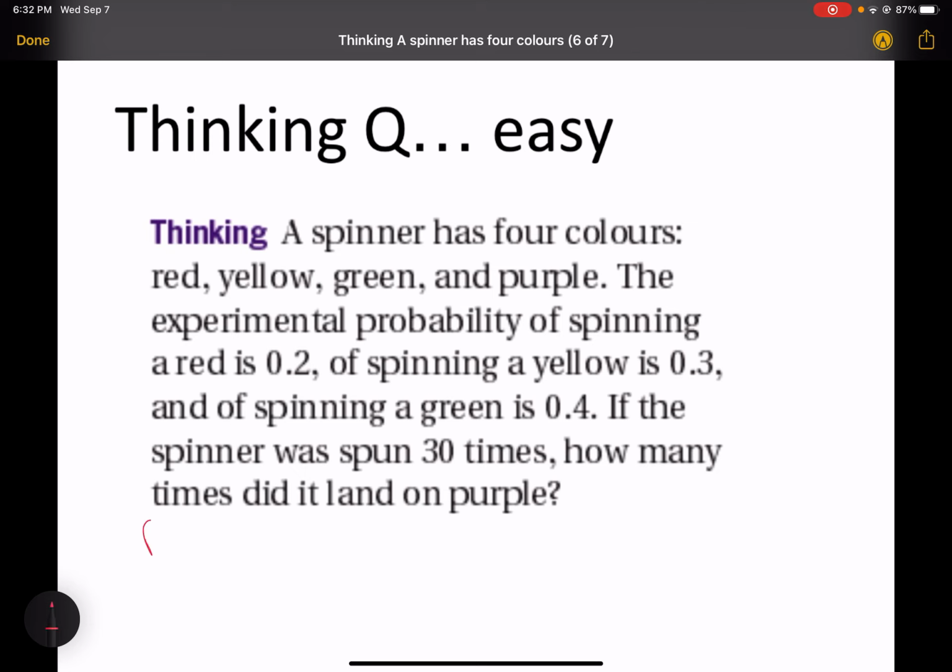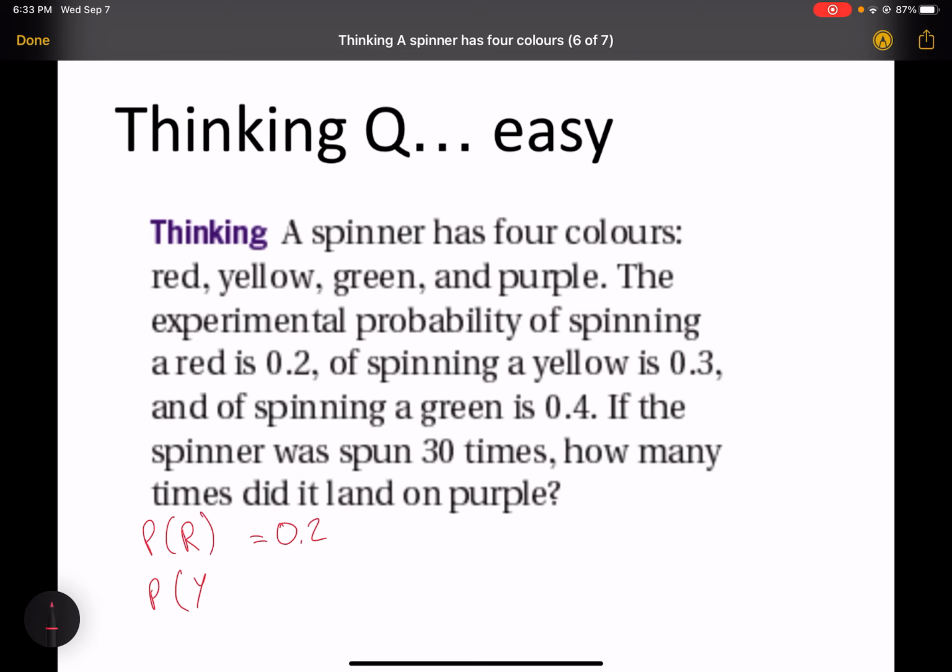Is equal to 0.2. The probability of yellow equals 0.3. And the probability of spinning green is equal to 0.4.